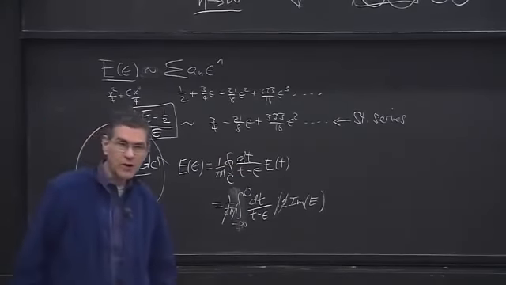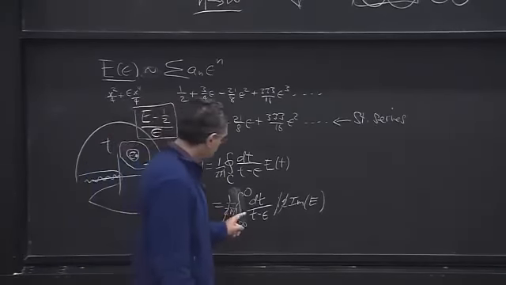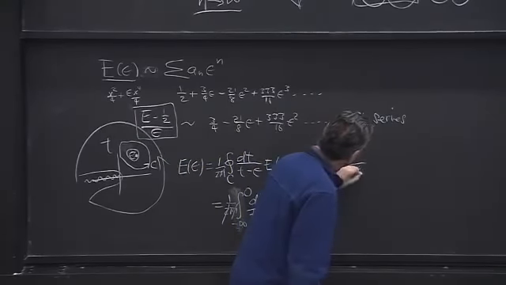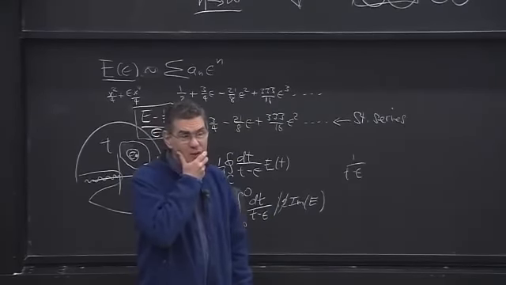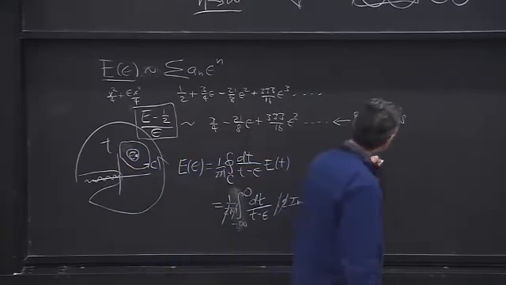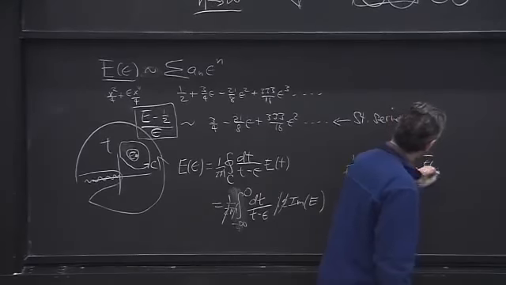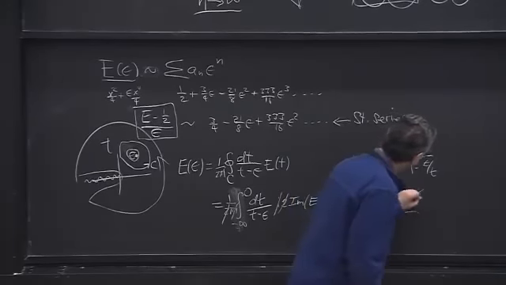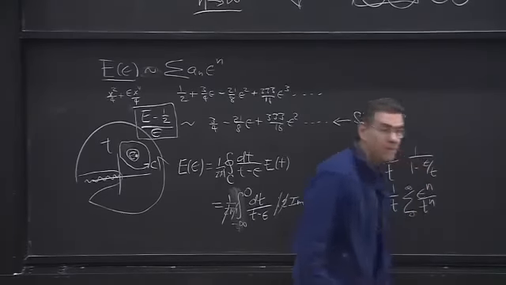Now I'm going to do something very strange. I'm going to say, wait a minute. In this integral, I have 1 over t minus epsilon. Just for laughs, I'll write that as 1 over t times 1 over 1 minus epsilon over t, and I will write that as the sum from n equals 0 to infinity of epsilon to the n over t to the n.